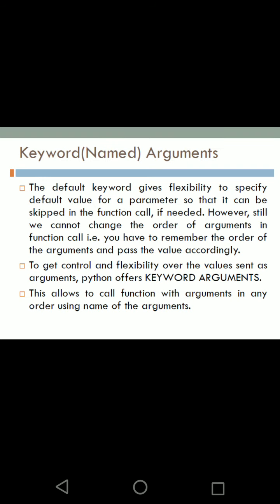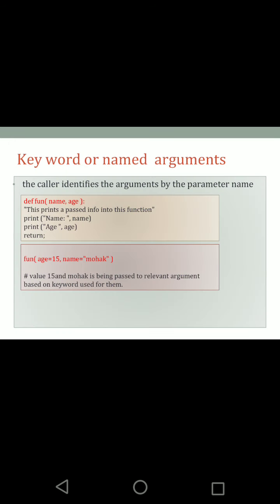Next is keyword or named arguments. All this time we saw that it is all based on the positional parameters. But here it gives us the flexibility to use the name of the parameter and write it in a different order. It allows us to call the function with arguments in any order using the name of the arguments.